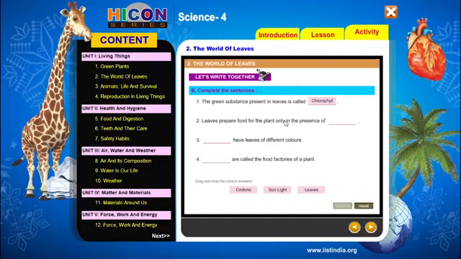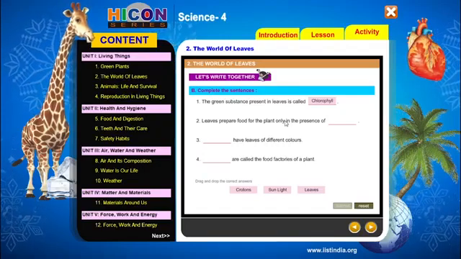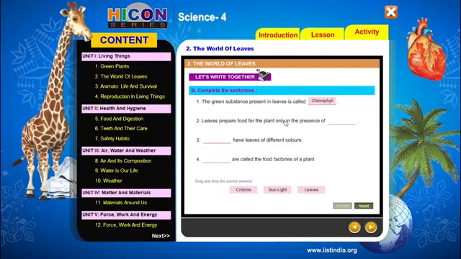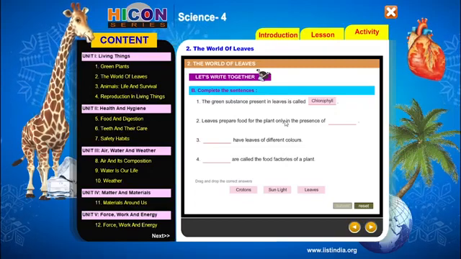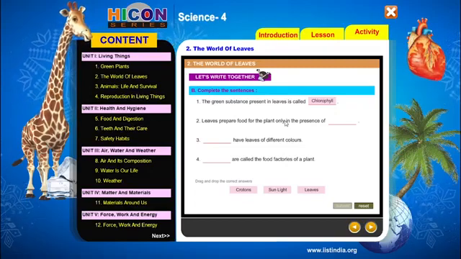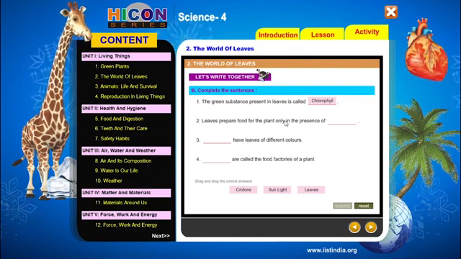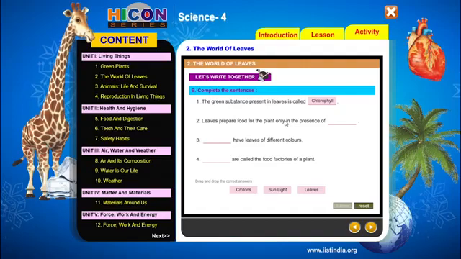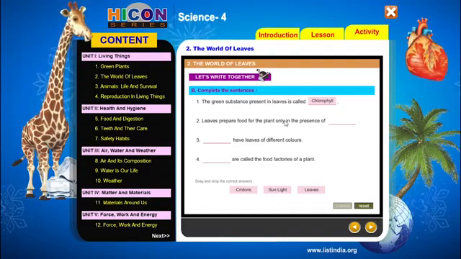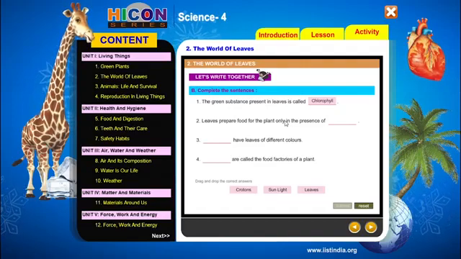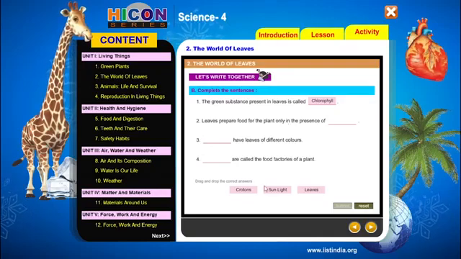Next, read the second sentence. Leaves prepare food for the plant only in the presence of dash. So children, we have already discussed the leaves are the food factories for the plant. They can prepare food for the plant, but they can prepare food only when there is dash. So there is croton, sunlight, leaves.